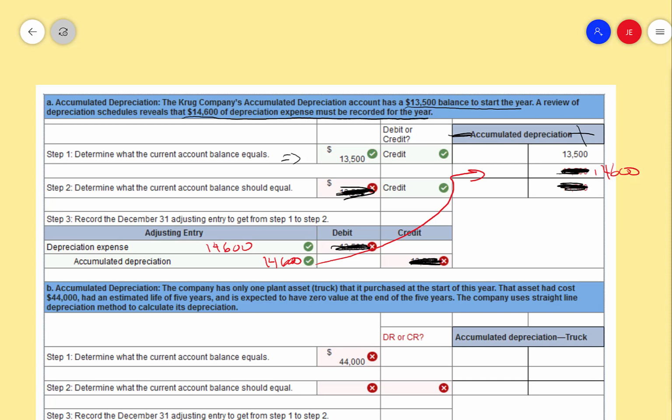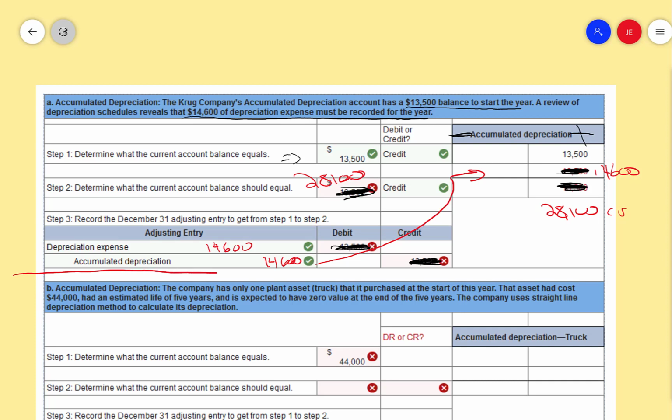So if I add the $13,500 credit to the 14.6, what do I get? 28,100 credit balance. So that's what my ending balance in that account should be. Credit side, right? So we're marking the loss of usefulness of this asset.